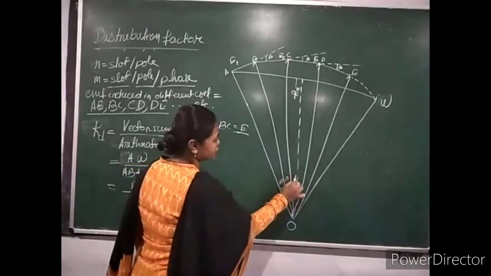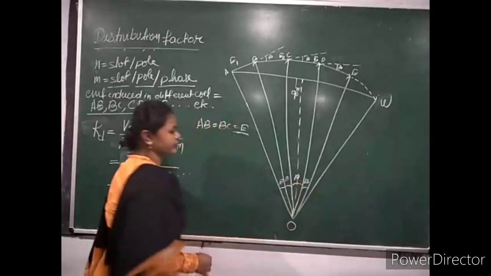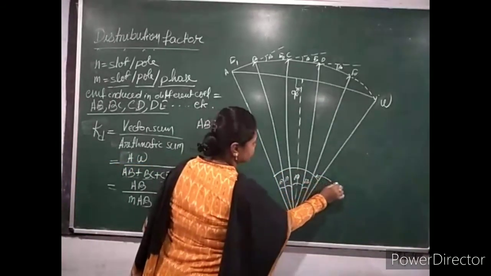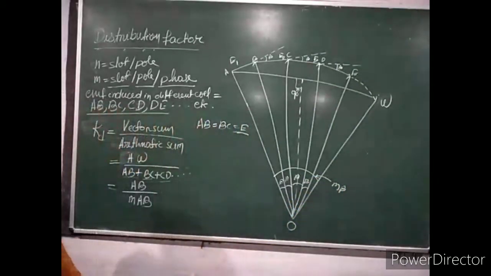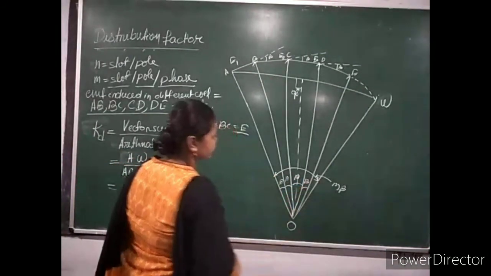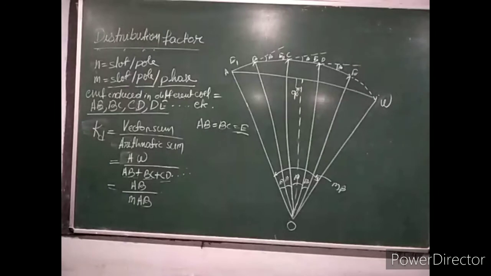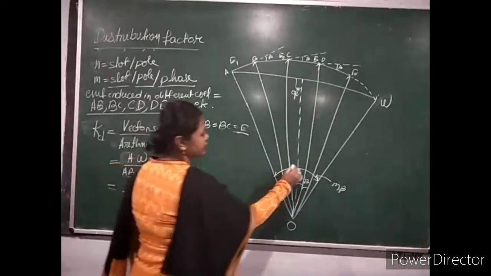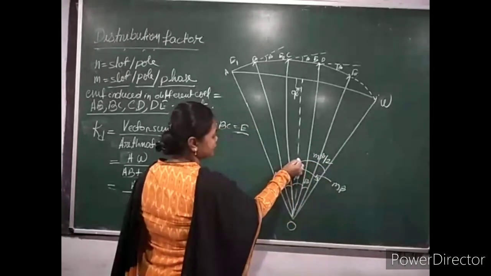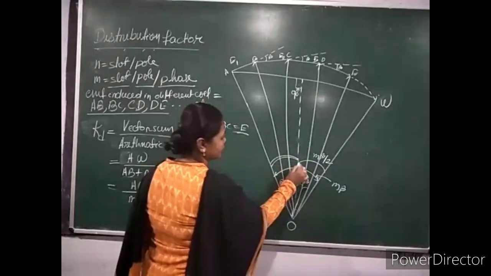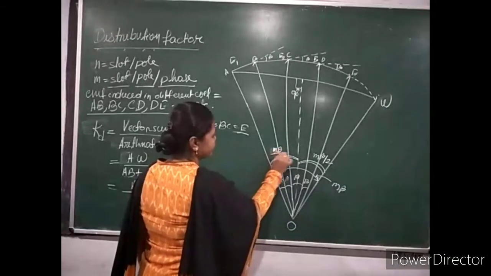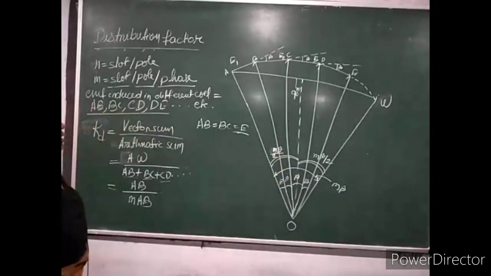This one beta, and the total angle is m beta. Clear? Then this small angle is m beta by 2, and this one is also m beta by 2.